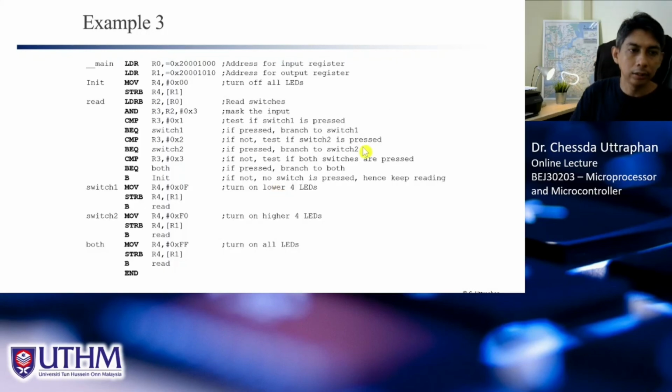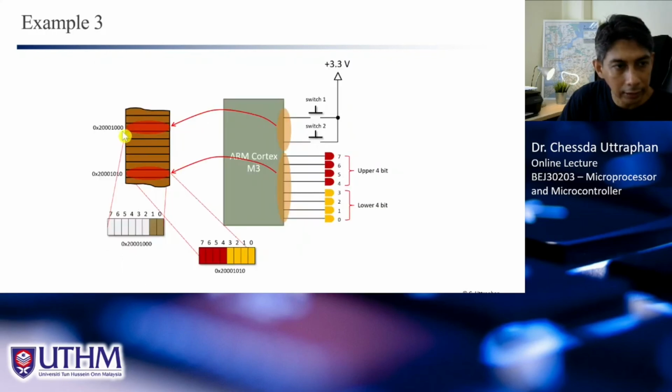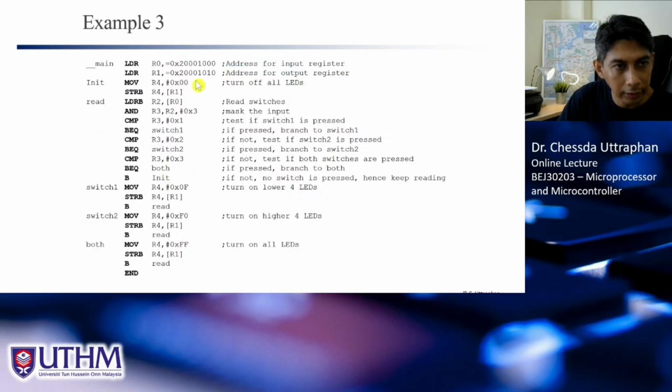And this is the code to do that. First, we need to point to the address of the input and output registers. This is the input register, and this is the output register. So we store the input register address in R0, and the output register address in R1.